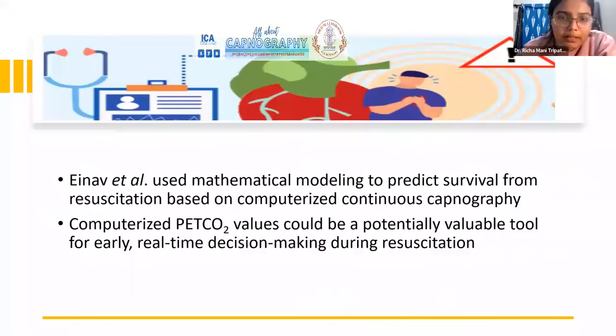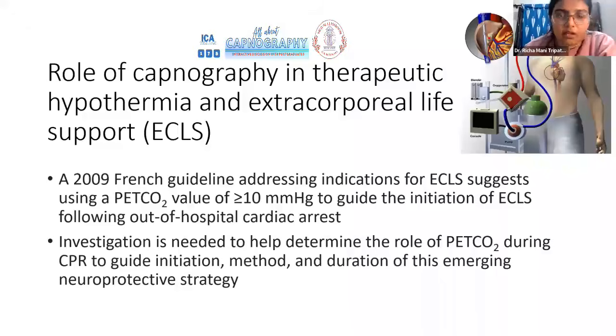Inav et al. used mathematical modeling to predict survival from resuscitation based on computerized continuous capnography. These values could potentially be a tool for early real-time decision-making during resuscitation. Next, the role of capnography in therapeutic hypothermia and extracorporeal life support may also be seen. A 2009 French guideline addressing indications for ECLS suggests that a PETCO2 value of more than 10 millimeters of mercury may help guide initiation of ECLS following out-of-hospital cardiac arrest.